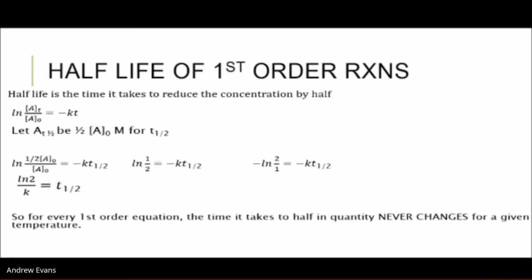Then solving, you get T1/2 equals ln 2 over k. So the half-life of a first order reaction is based on a constant number divided by the rate constant. Meaning the half-life of a first order reaction never changes, the speed at which it proceeds halfway. It is constant for a given temperature.